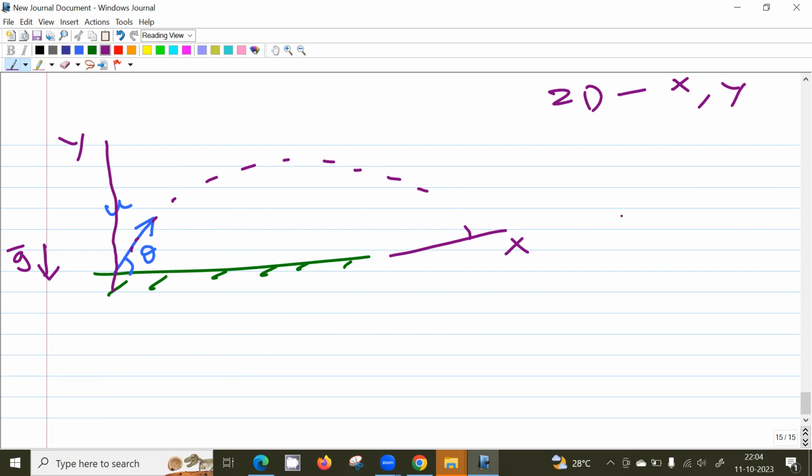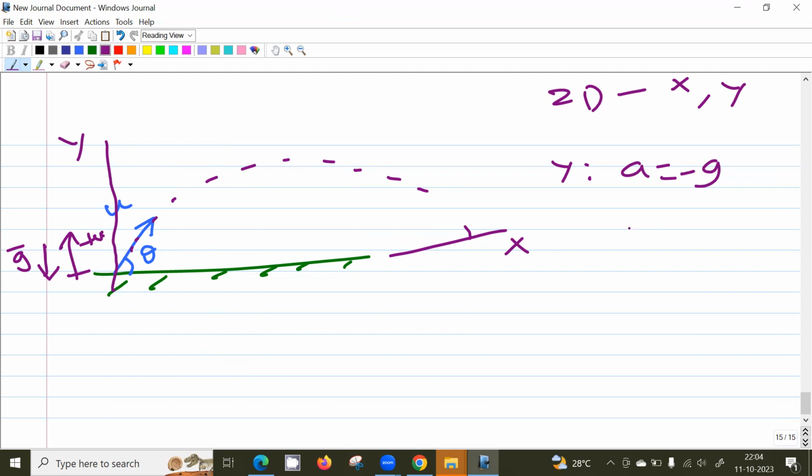The interesting good thing is we can analyze the x motion and y motion separately. In the y motion, there is an acceleration g, and if we take the upward direction as positive, then this acceleration is minus g, because g is a number which is 9.8 or 10. So acceleration is minus g in the sense that it is in the downward direction.